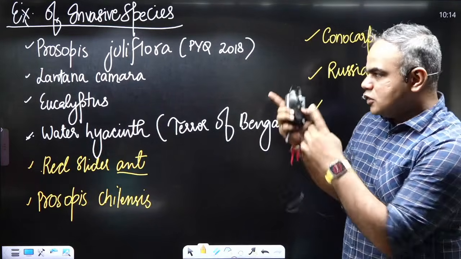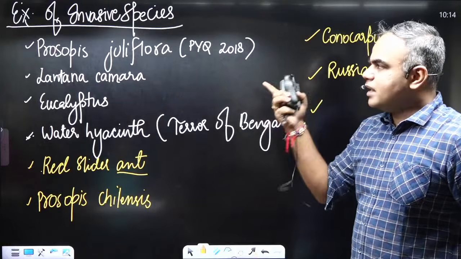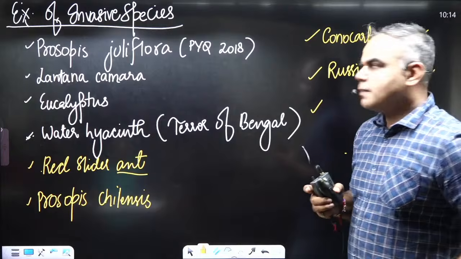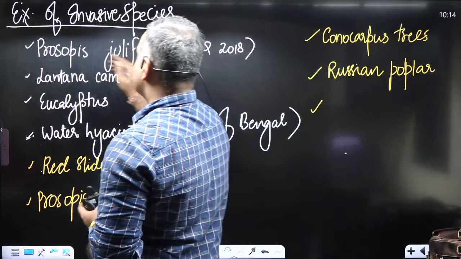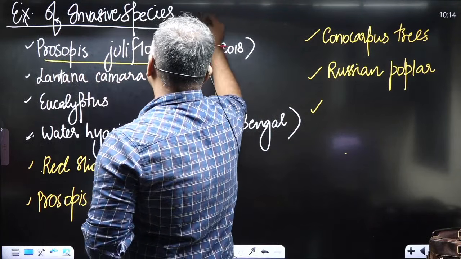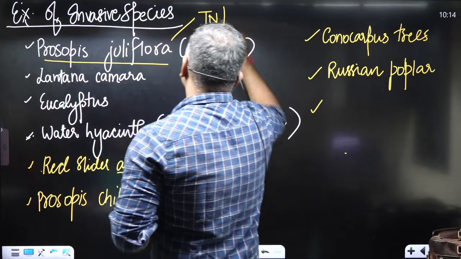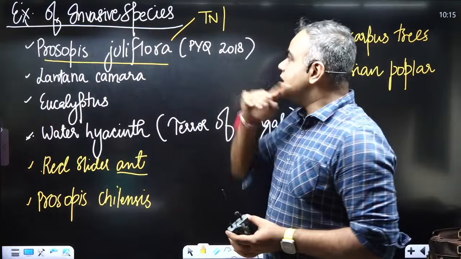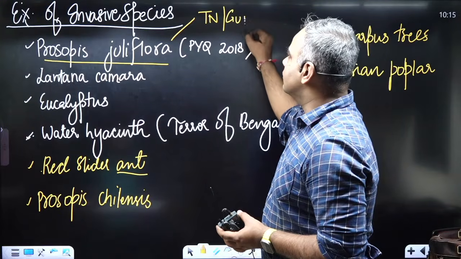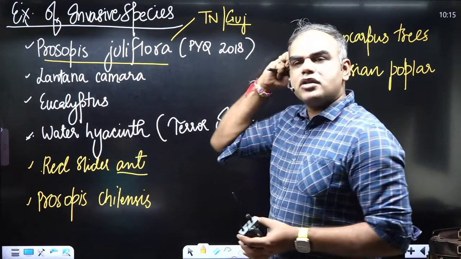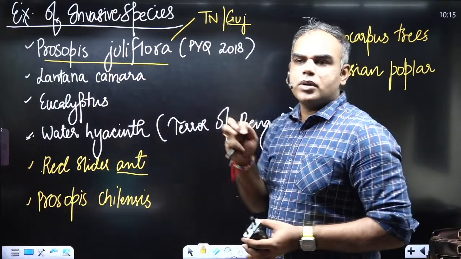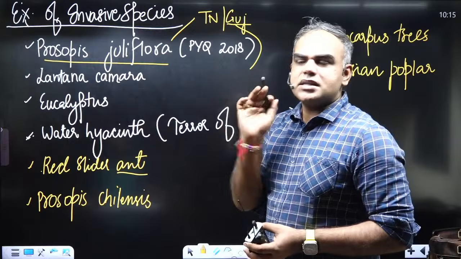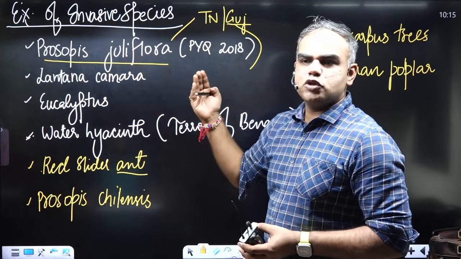Now, for each of them, just one line, some area or some points we'll write. Now, Prosopis juliflora. When this question was asked, this was actually a problem in Tamil Nadu. So just write down TN. But it is not a problem limited to Tamil Nadu. It is a problem also in Gujarat. With Gujarat, remember Banni grasslands. It is said one-third of Banni grasslands is nothing but Prosopis juliflora.